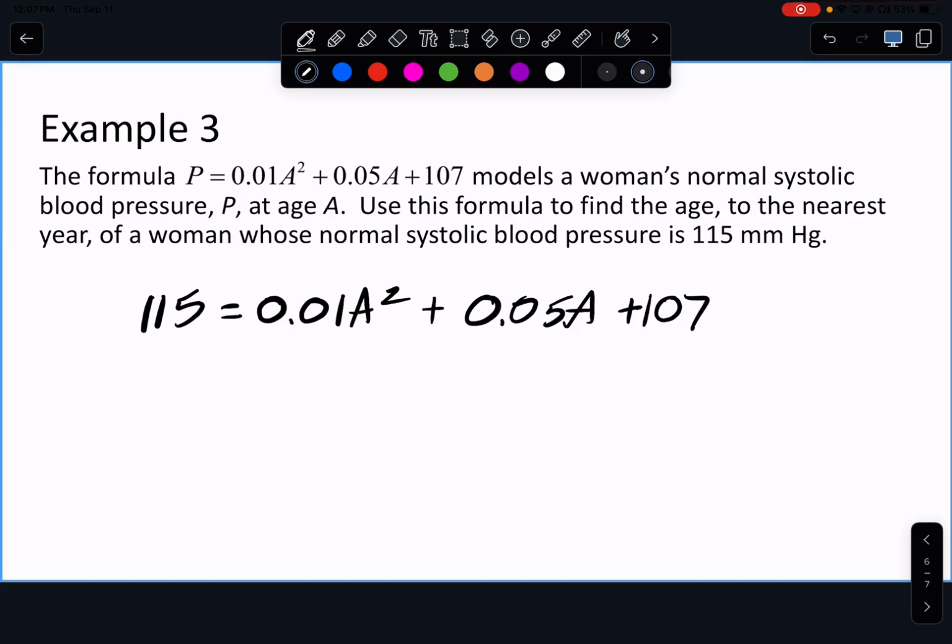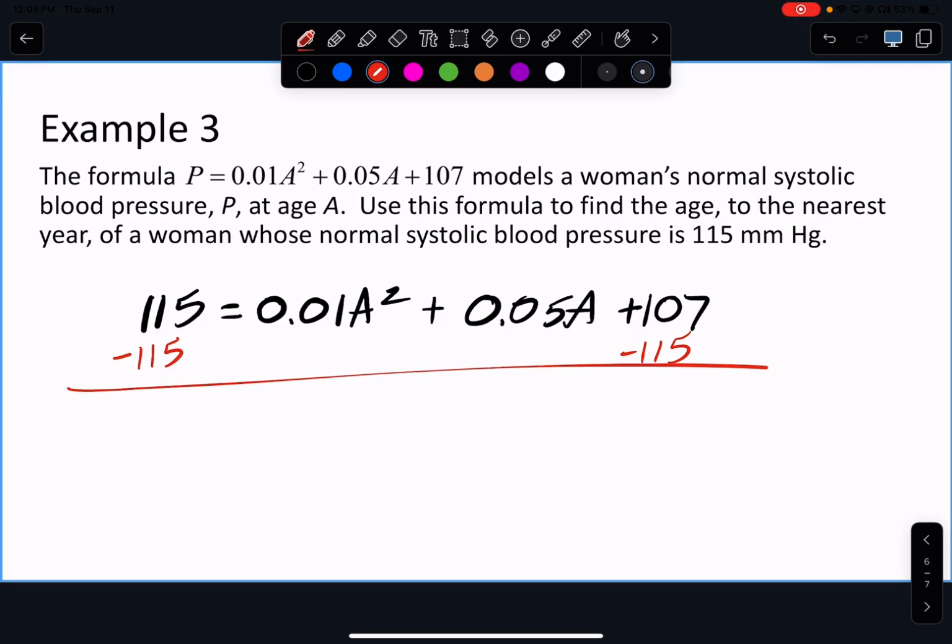If we want to use our quadratic strategies here, we have to set it equal to what? 0. So some of us want to subtract that 107 right away. We actually have to go the opposite direction. We want to subtract the 115 over. So now it's set equal to 0.